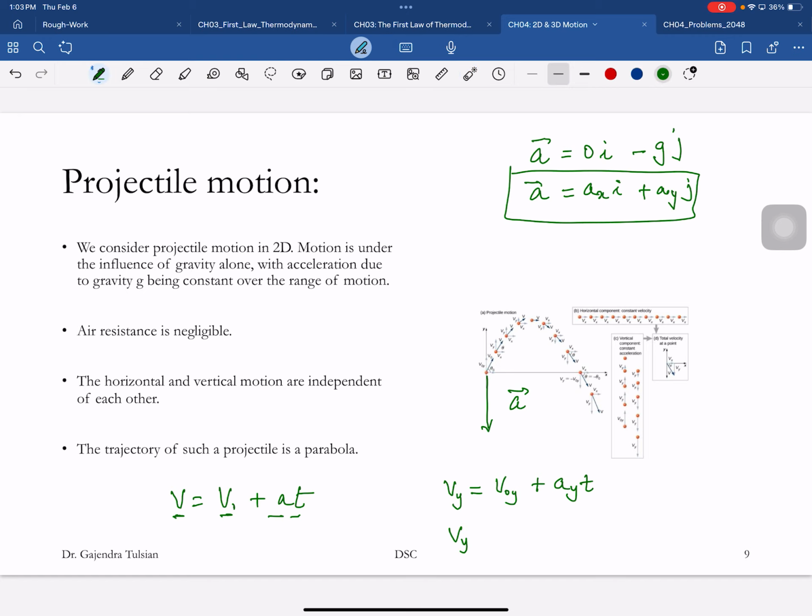So vy is v naught y minus gt, again with reference to this coordinate system. And you see as time proceeds, the y component of the velocity is changing. There is the initial y component, and you see the acceleration is downwards, so it's decreasing initially and then increasing in that direction.